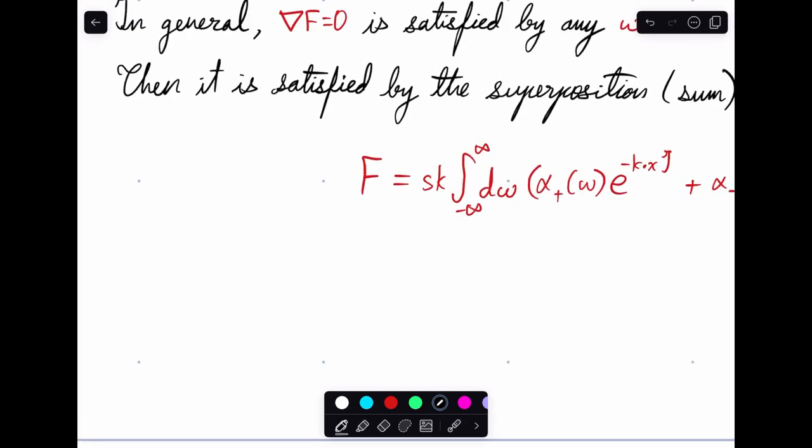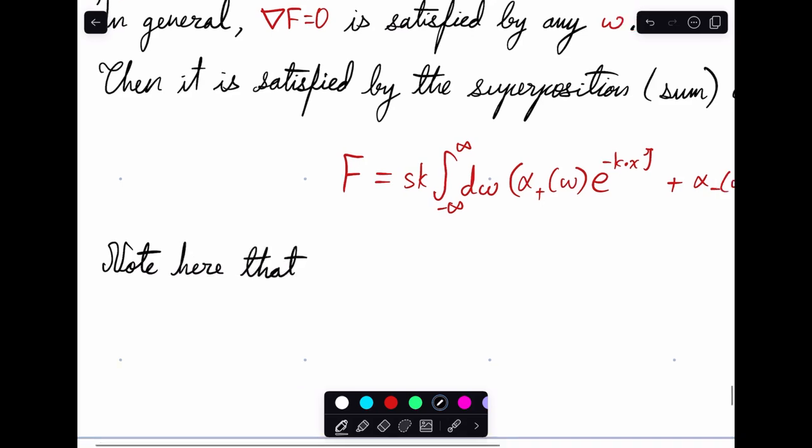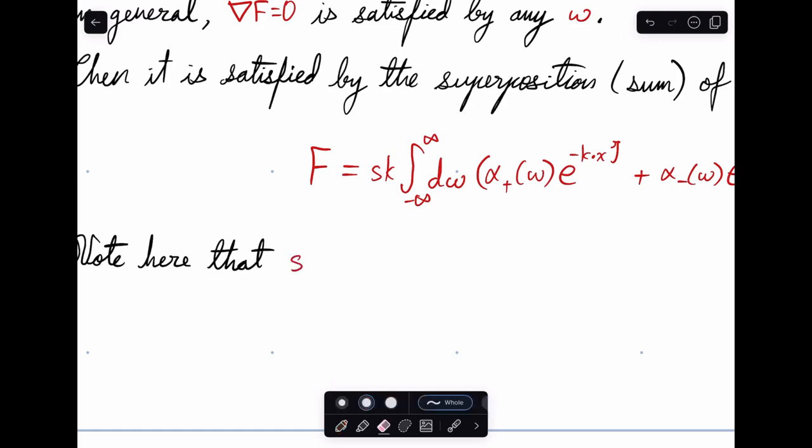So there are some important things to note here. Note that in this expression, alpha plus minus of omega is equal to alpha plus minus the magnitude of omega.